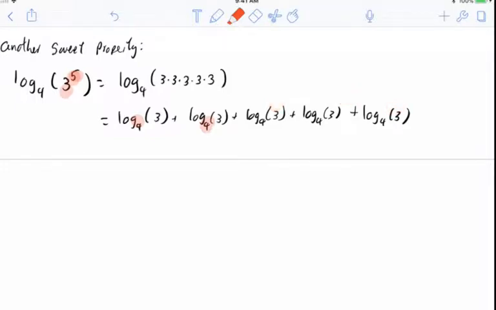Why is that useful? Well, think about it. How many terms are there here? There are as many terms in this list as there are terms in this list, and there are as many terms in this list as there are 5. Right?